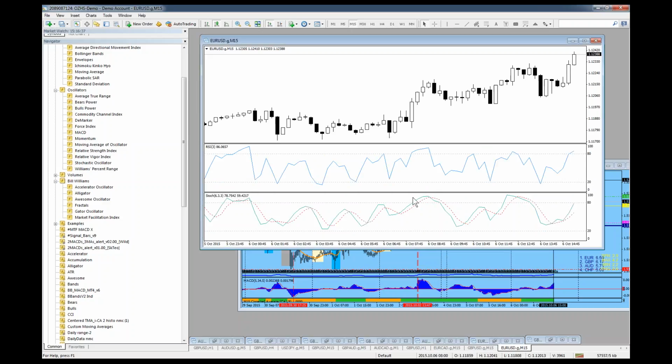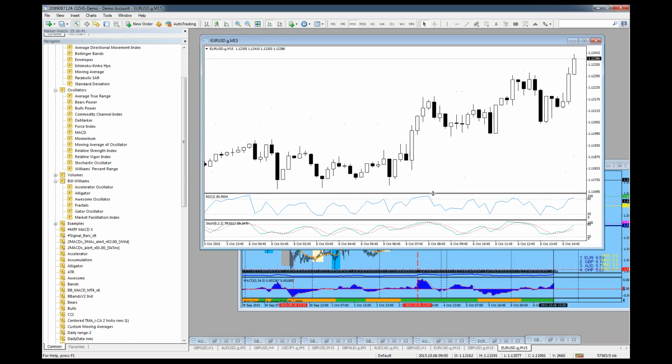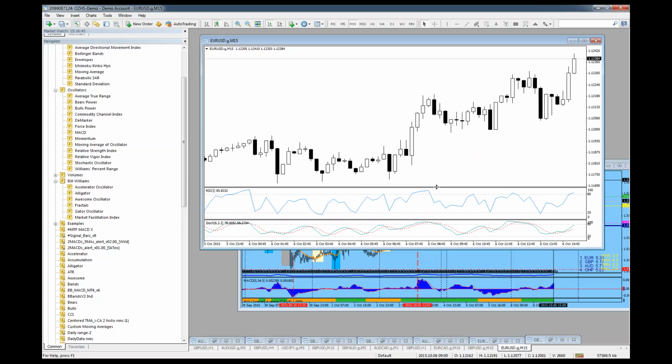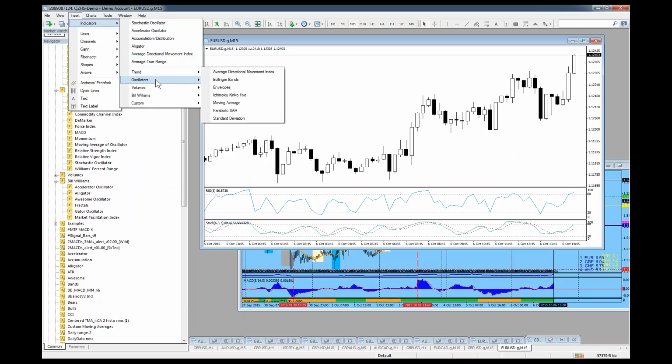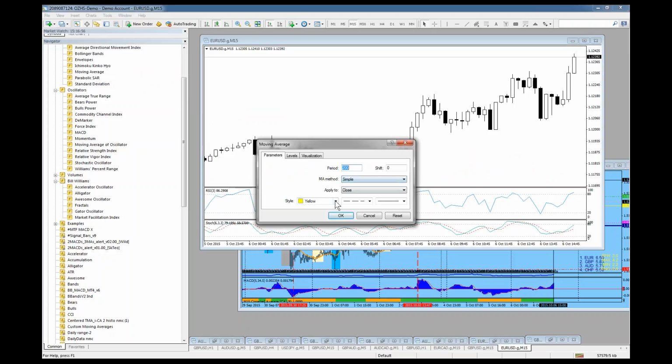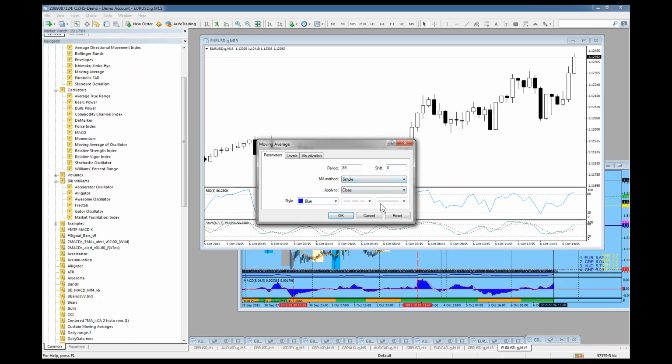Okay, and now I'm going to add a moving average. I'm going to put an 89 up here. Indicators, trend, moving average. Let's make this an 89. And I'll add the other one too, as a matter of fact.